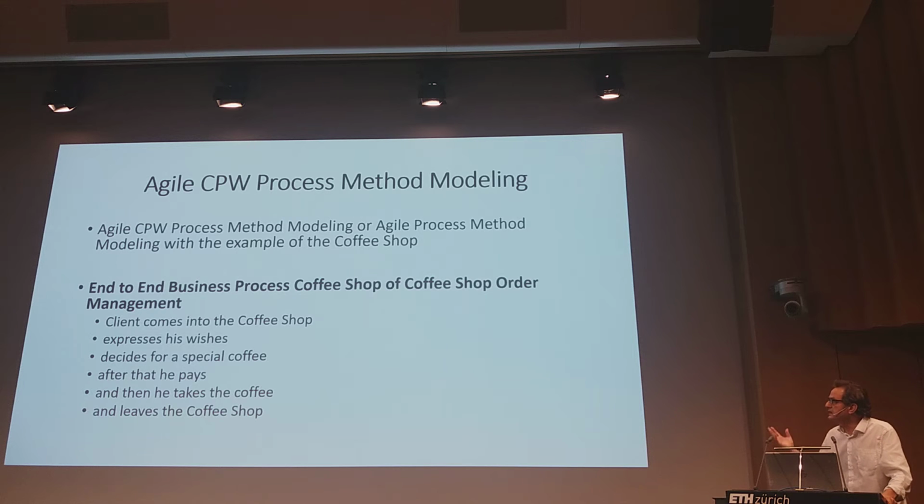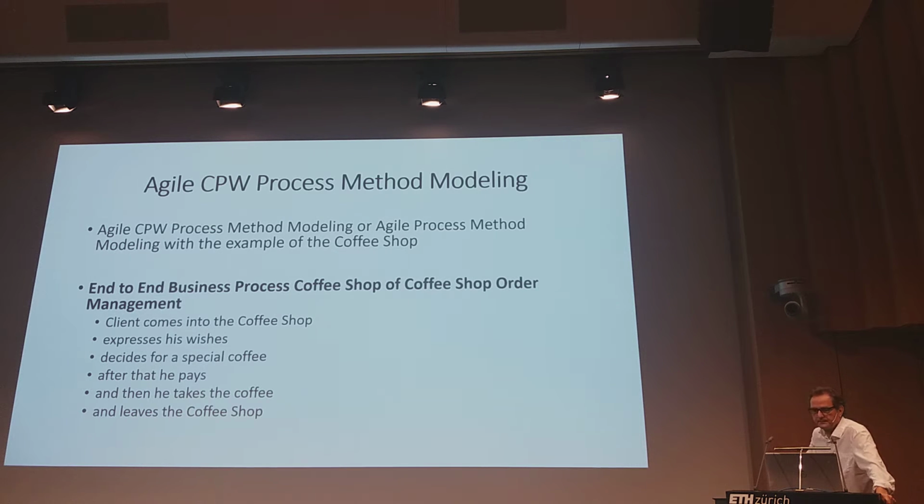What we have here is the end-to-end business process of the coffee shop order management. A client comes into the coffee shop, expresses his wishes, decides for a special coffee, after that he pays, and then he takes the coffee and leaves the coffee shop.